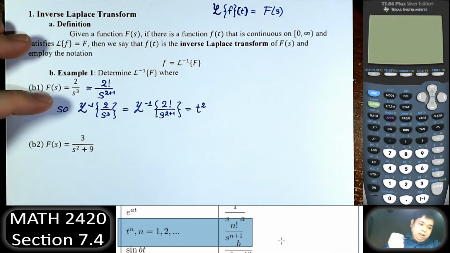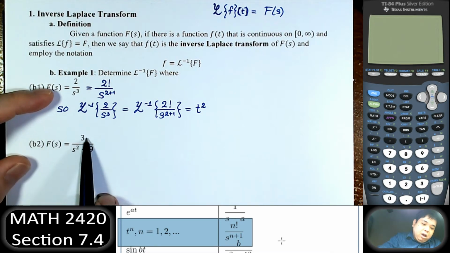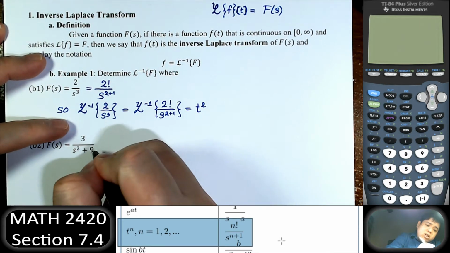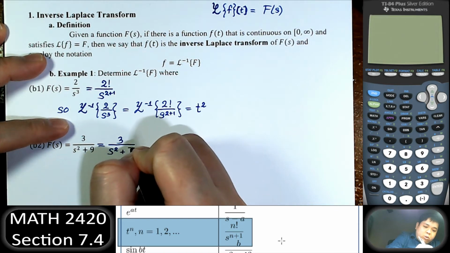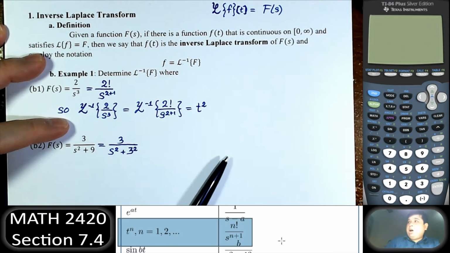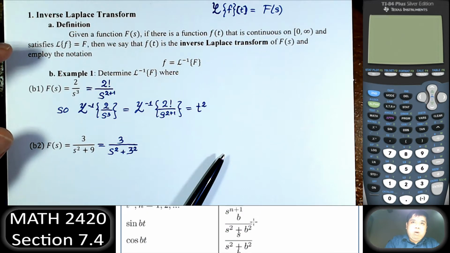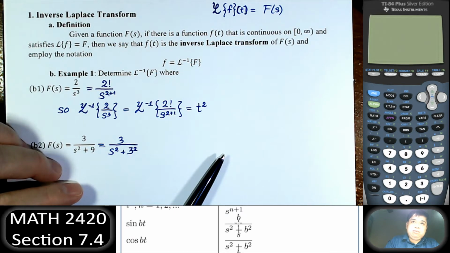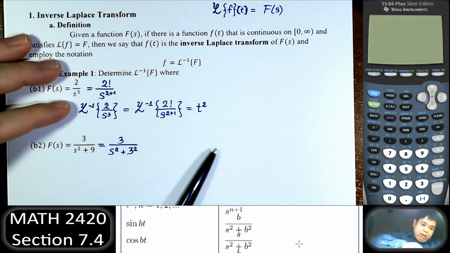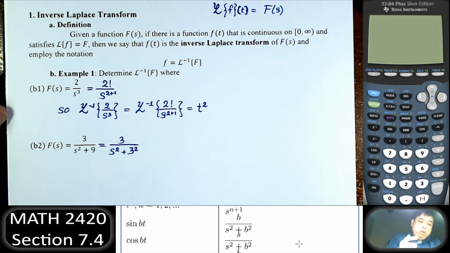Next, we have the inverse Laplace transform of 3 over s squared plus 9. We can write s squared plus 9 as s squared plus 3 squared. Notice that in the Laplace transform of sine and cosine, we need to have s squared plus b squared at the bottom, and if there's a number on top, it should be the same b. By the way, that is an even function, so the inverse Laplace transform is going to be an odd function, so this will be sine.